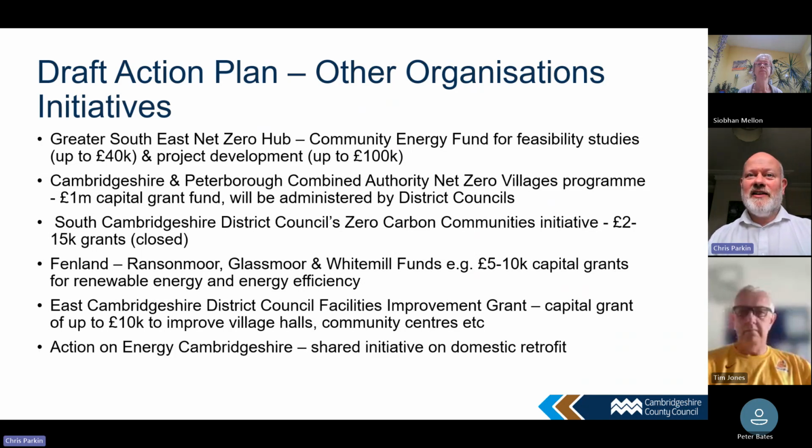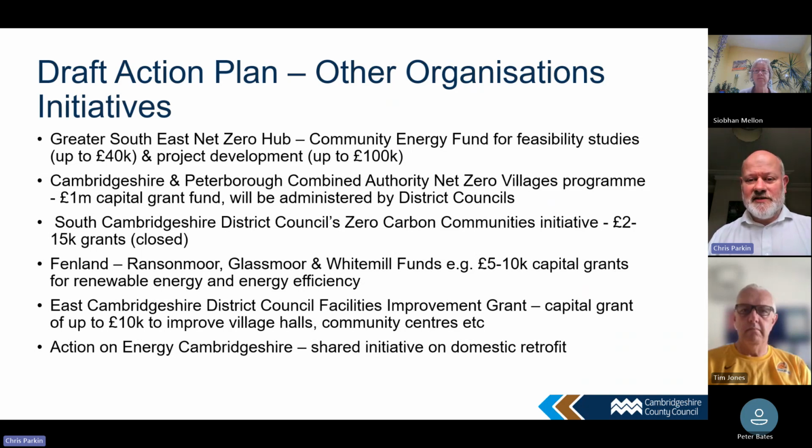And then last but by no means least, in the domestic retrofit, energy efficiency and renewable energy retrofit area, the district councils and county council have a shared initiative called Action on Energy, which has procured 5 installers who've been thoroughly vetted by City Council as part of that procurement process.